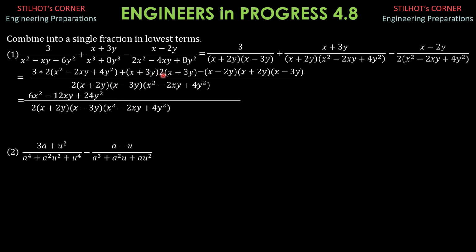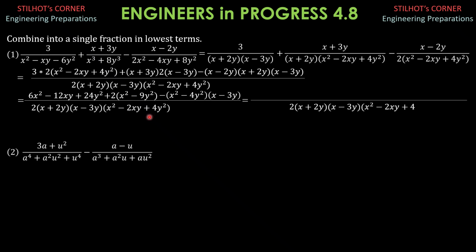This is 2 times, since this is x plus 3y, x minus 3y, so 2 times quantity difference of 2 squares, so 2 times quantity x squared minus 9y squared. Then x minus 2y, x plus 2y, let's simplify first before we expand. Difference of 2 squares again, so minus quantity x squared minus 4y squared times x minus 3y. So let's have the product first. Then we distribute on the next, copy the common denominator or the LCD.